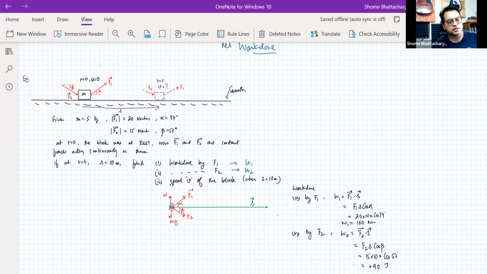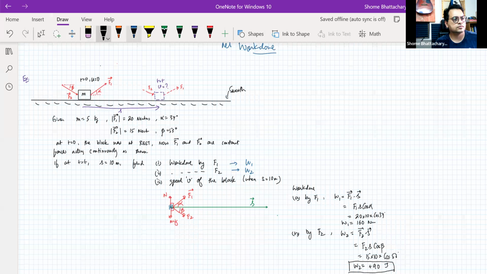That is the work done by the second force. Because the work done by the first force is plus 160 joules. It should be joules.